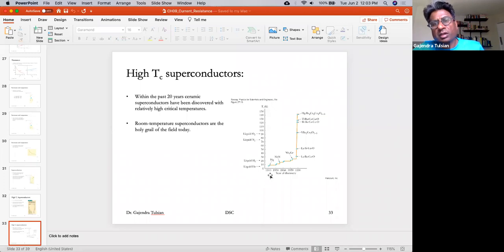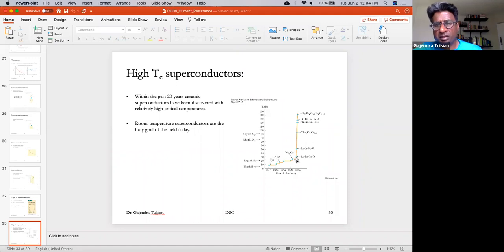So the temperature was quite low, not accessible for everyday phenomena. And so we had been trying to find materials with higher and higher critical temperatures. We didn't get anywhere for about 75 years. You can see that for 75 years, the best we could do was about 30 degrees Kelvin.